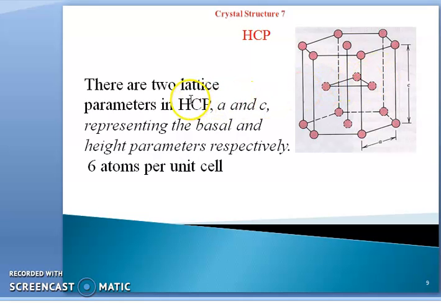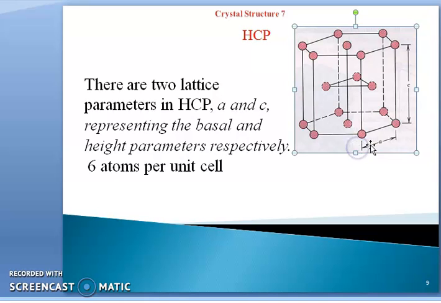There are 2 lattice parameters in HCP. What are those? A and C, edge and height. Actually all the edges are equal, but height is not equal to the edge. You are getting it? So we say there are 2 parameters in HCP, A and C, as I showed in the figure, representing the basal and height parameters respectively.